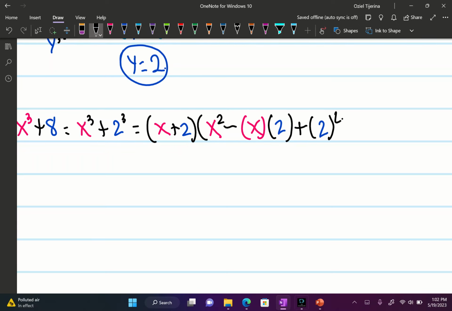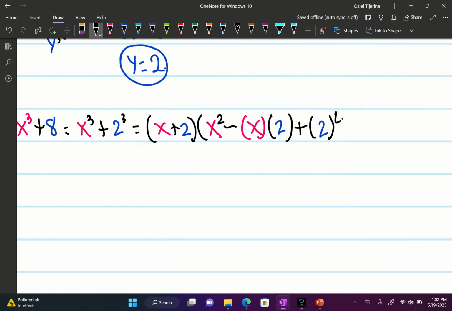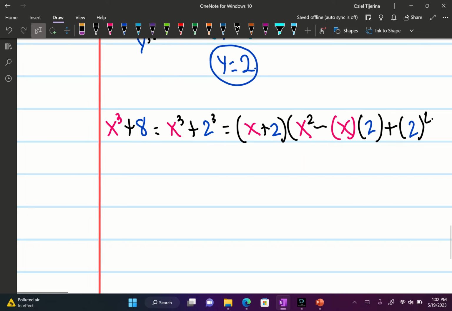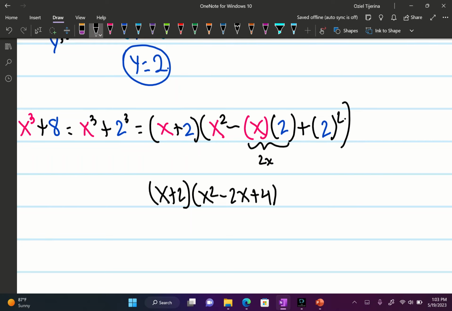Okay. And then what we're going to do next is go ahead and just clean this up. So we have x plus 2 times x squared minus 2x, because this is 2x here, and then this is plus 4, right? So plus 4. And we know that this is going to be x cubed plus 8.